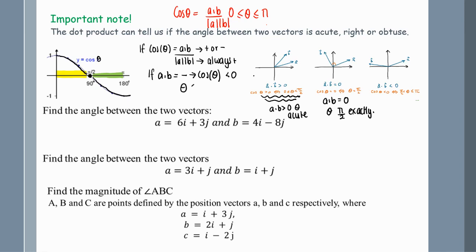If cos theta is negative and theta again is between 0 and pi, this must mean that our angle theta must be an obtuse angle. It must be greater than 90 degrees and less than or equal to 180 degrees, by looking at the cos graph. So this means if a dot b is negative, or less than 0, the angle between your two vectors will be obtuse.